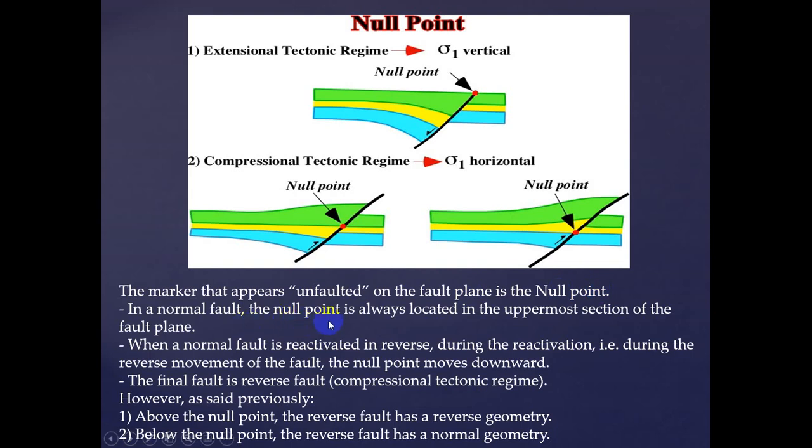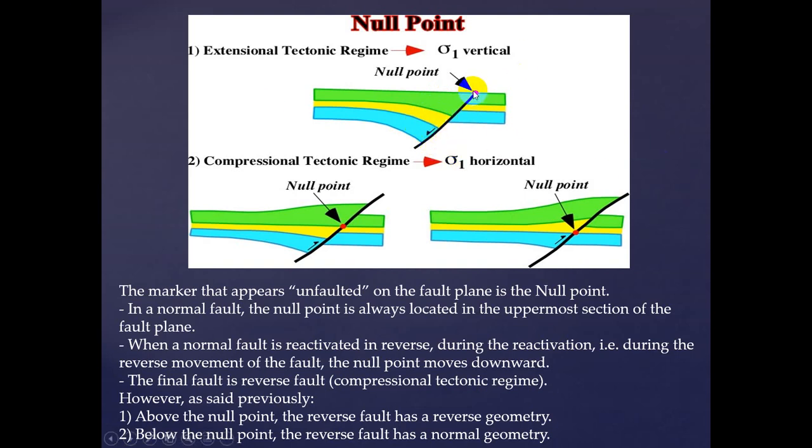In normal faults, the null point is always located in the uppermost section, because this is a normal fault. Why normal fault? Because displacement is vertical downward, the hanging wall moves down to become the downthrown block.